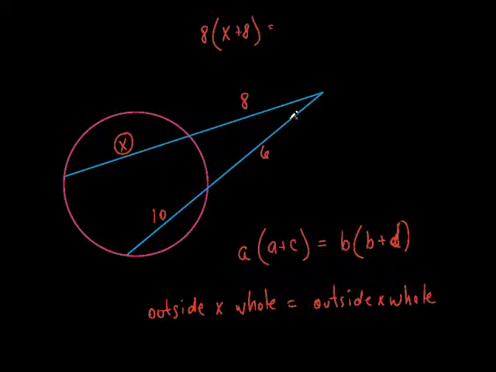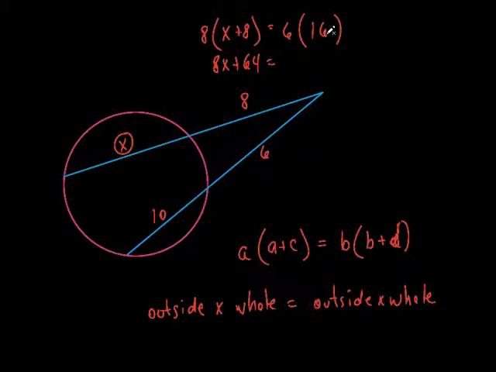And that's going to equal the same thing on this other one. So it's going to be what? The outside part, which is 6, times the whole thing. What's this whole thing? 16. Yeah, I didn't have to put 10 plus 6, did I? Just add them up. You with me on this? And now you just solve for x. It's easy as that. So that's 8x plus 64 equals, what's that, 96?